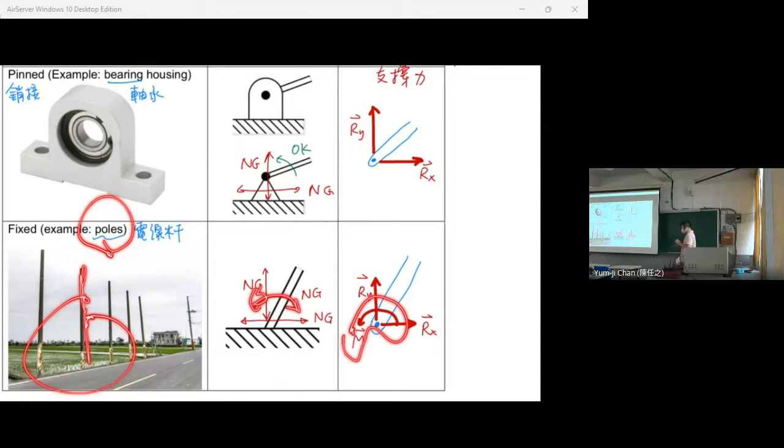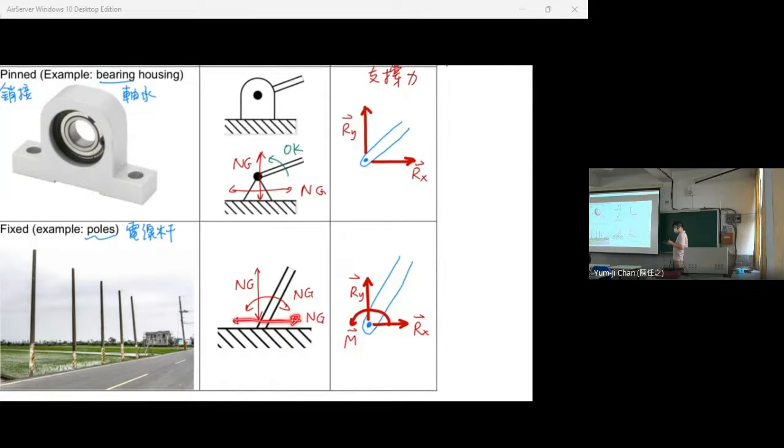So if I give you other types of support, you do the work to see can you move left and right, can you move horizontally, can you move vertically, and can we rotate it? So we determine these three types of motion to see whether we need to add Rx, Ry, or M.